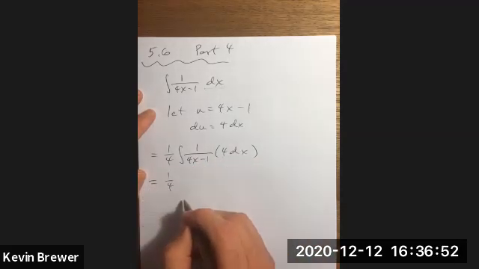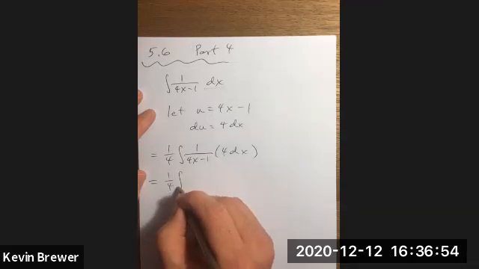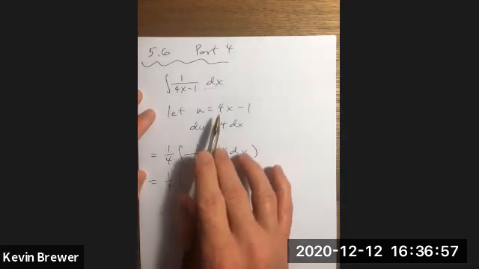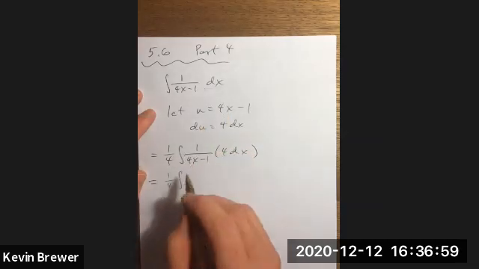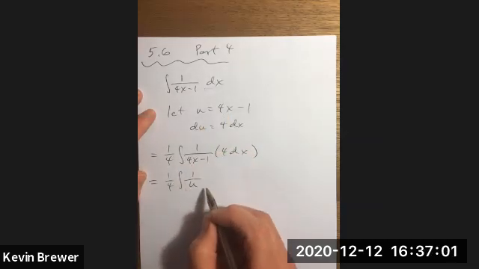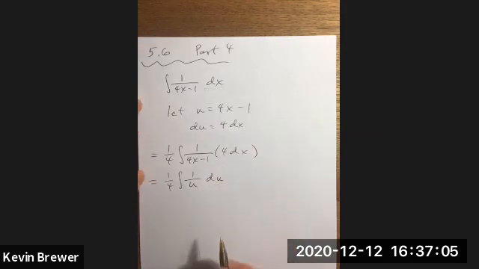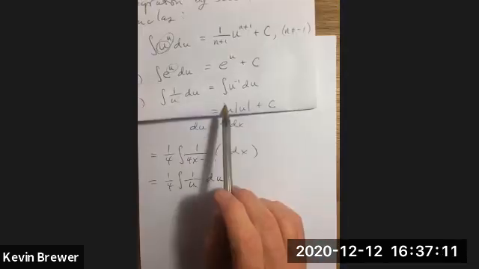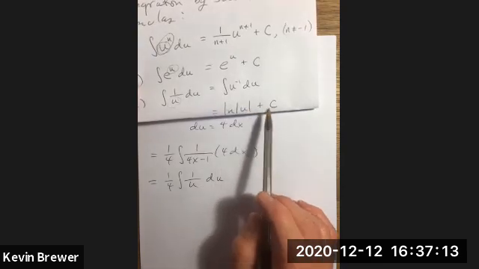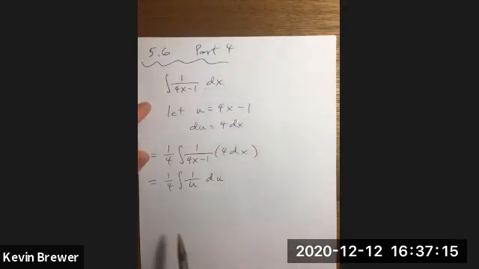So we make the substitution, put u in for 4x minus 1, put du in for 4 dx. Now we can use formula C, which you can almost see. It's the natural log of the absolute value of u plus a constant.